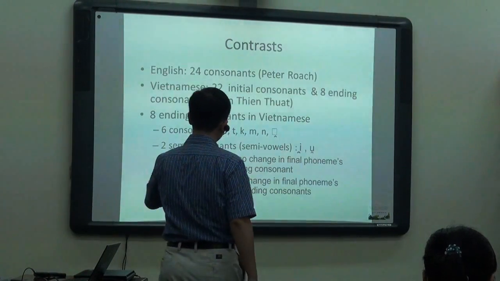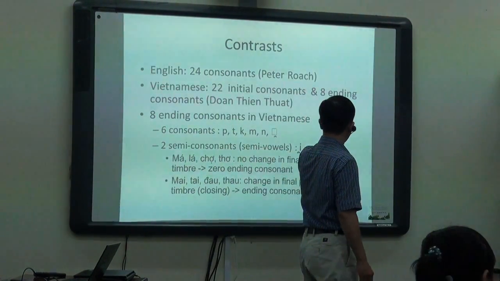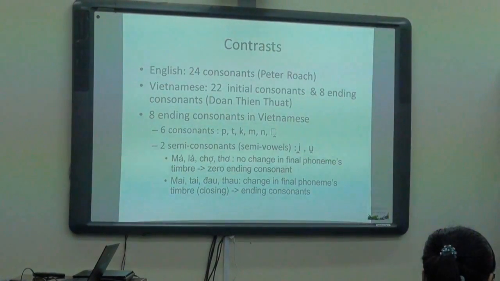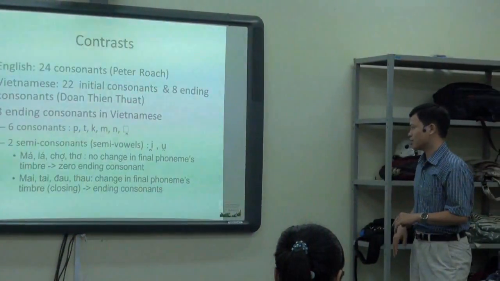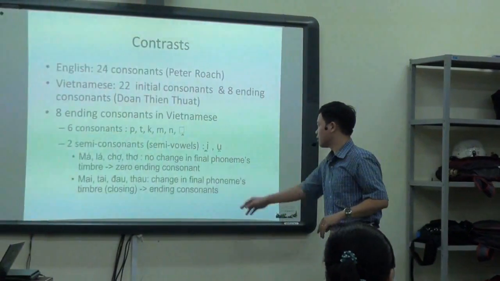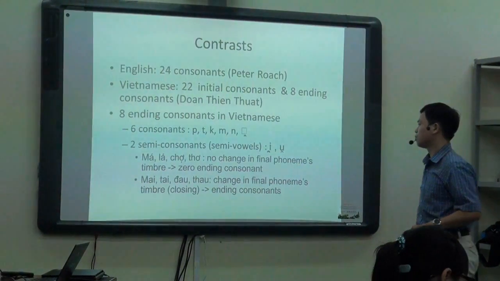We have, quite interesting, consonants that are half consonants, half vowels, and we call those cases semi-vowels. Like i or u.